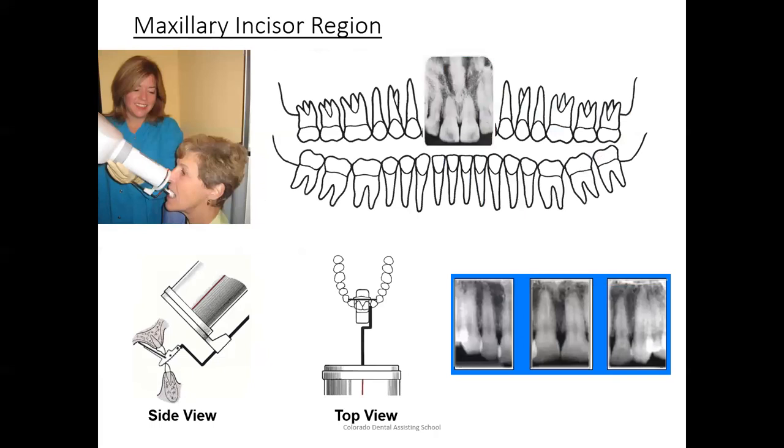And the way I want you to remember that is, if the x-ray head is too far up and it's pointing down at the patient, it's almost as if you're tall, and when you look down on someone, they look shorter than you. That could cause your x-ray to be foreshortened, which is what looks like happened here, because these roots look really short, and they're probably not that short.